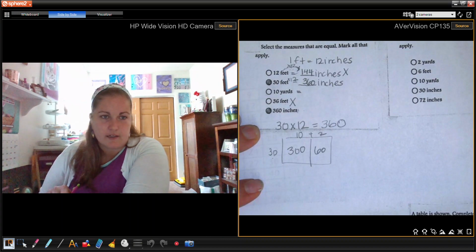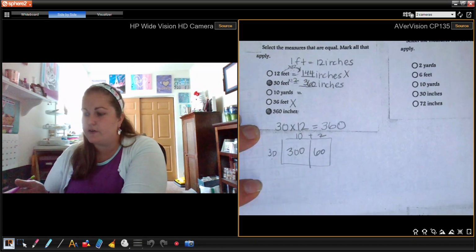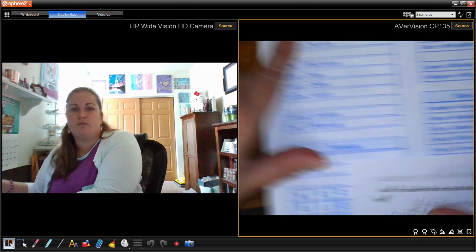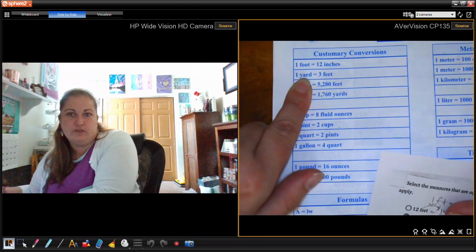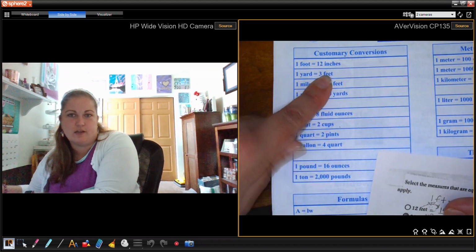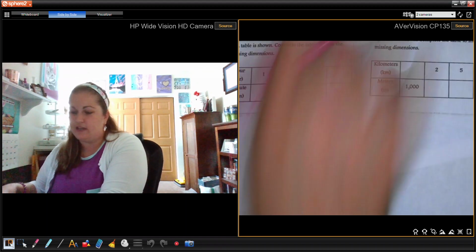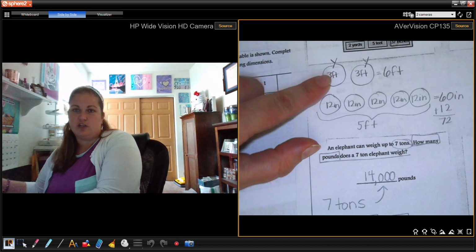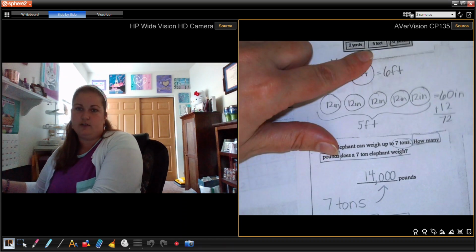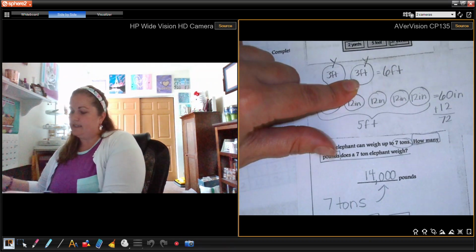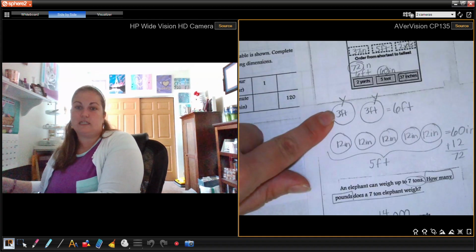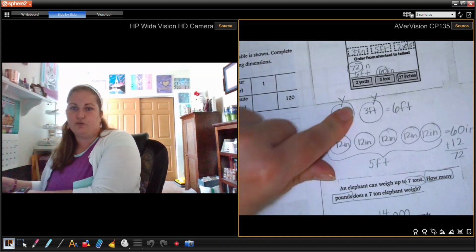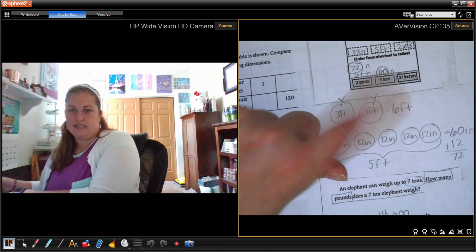So 10 yards I can exchange for something smaller. I can change my yards in for feet. So every yard I get 3 feet. That's kind of like what we did on this first problem. 1 yard you exchange for 3 feet. A second yard you exchange for 3 feet. And so here I could have done 3 times 2, 2 groups, 3 in each to get 6.